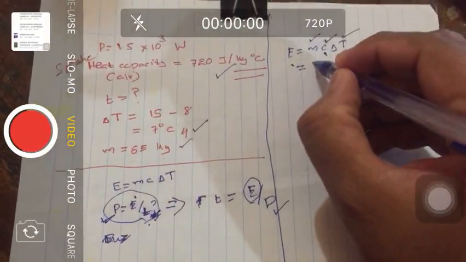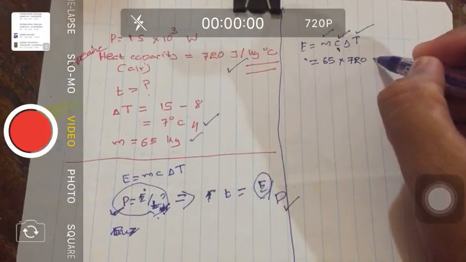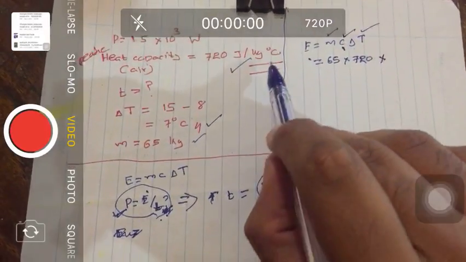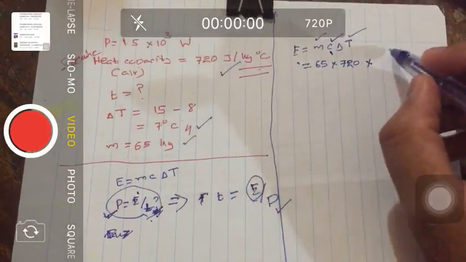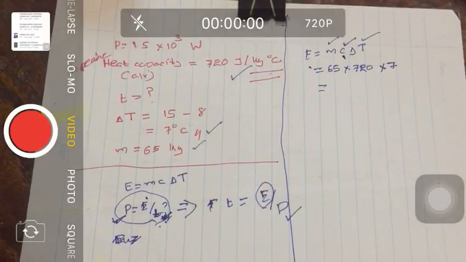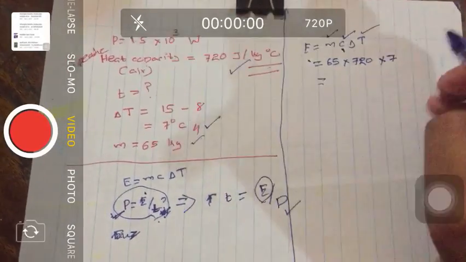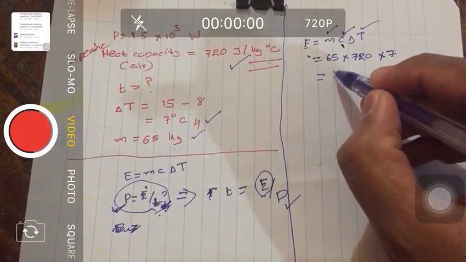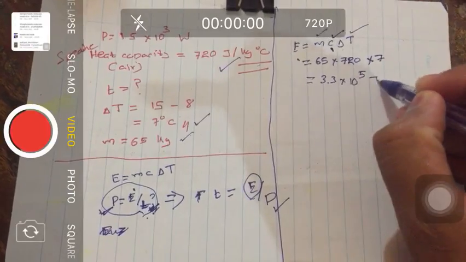So all are fine, just use the equation. So 65 times 720. Just be careful whether you are consistent with the units. Yeah, kilogram, here also kilogram, fine. Then times 7, this gives you that energy is equal to 3.3 times 10 to the power 5 joules.